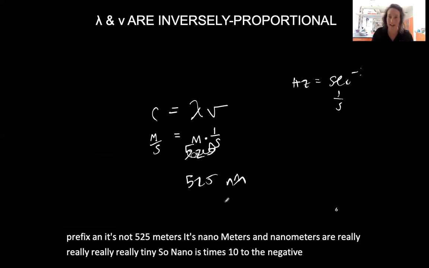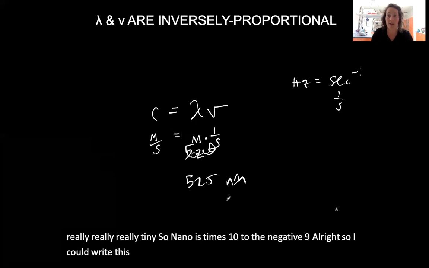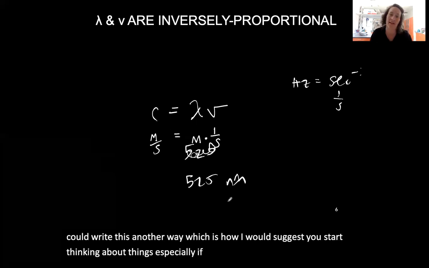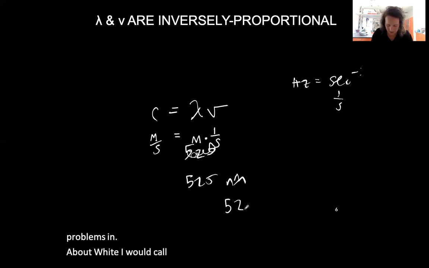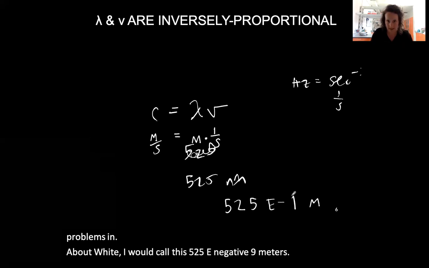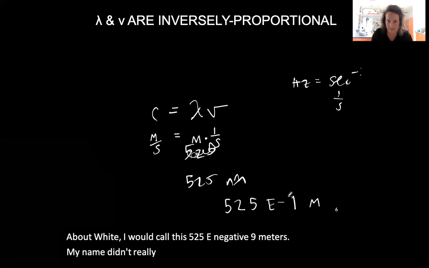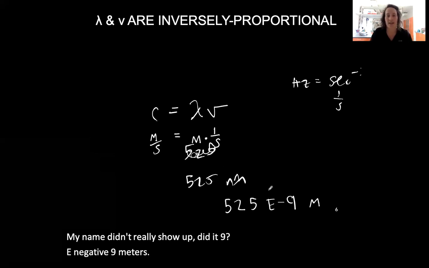I could write this another way, which is how I would suggest you start thinking about things, especially if you work sample problems about light. I would call this 525 E -9 meters. Okay, so that's the wavelength.